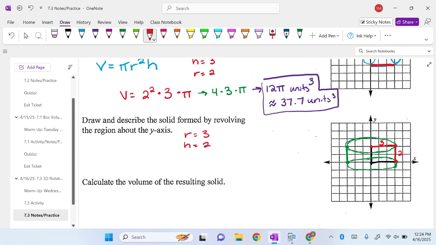So if we put it in the formula, I have V is equal to 3 squared times 2 times pi, which, what's 3 squared? 9. So I have 9 times 2 times pi. What's 9 times 2? 18. So I have 18 pi units cubed. So it's actually a bigger number than the previous one. Same numbers, but within different spots of the formula.